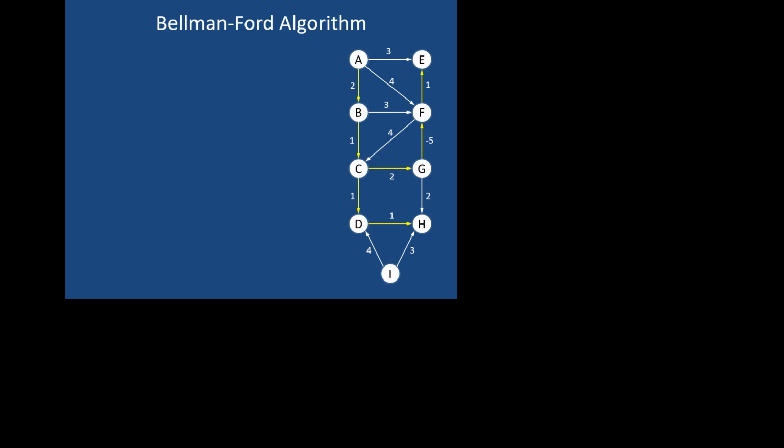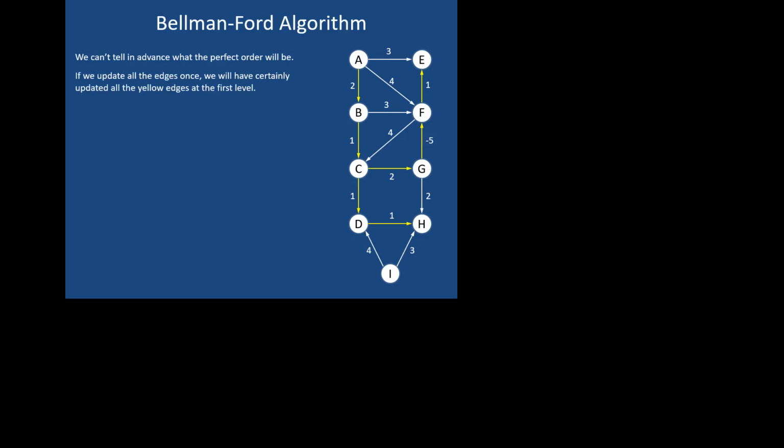As it turns out, we never do get to I, so the longest possible path is going to be 7. So Bellman-Ford just updates V minus 1 times, and then it stops. And it's guaranteed to have done everything at the right time.